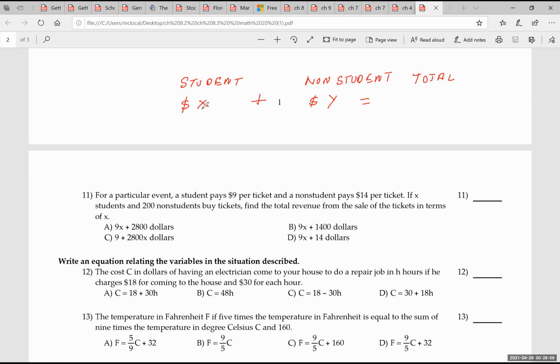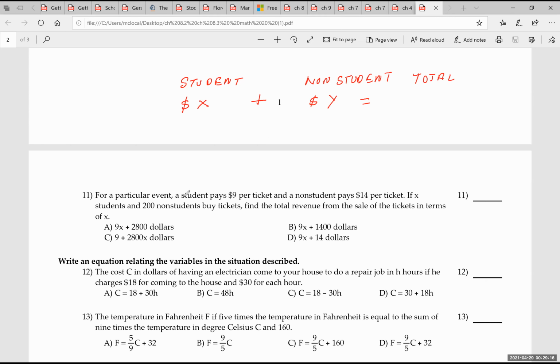So that's the concept behind it, or sort of a formula.